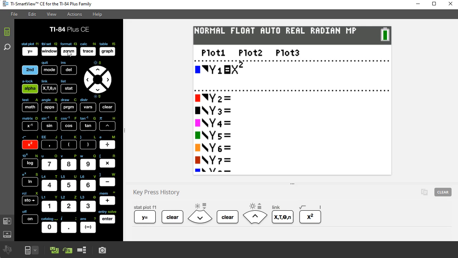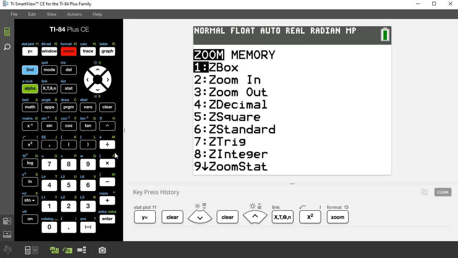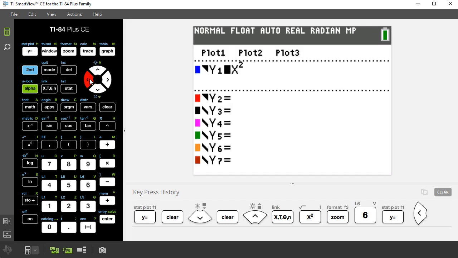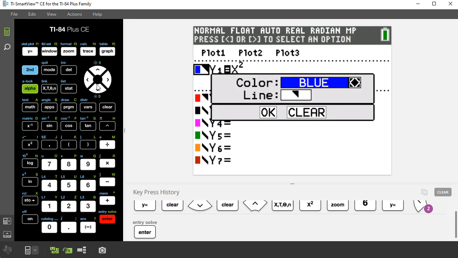If we go ahead and do zoom standard. Okay, so we can see that the graph of the parabola looks something like this. I may have been using this for another class, perhaps, so let's just make that a solid line. Yeah, there we go.